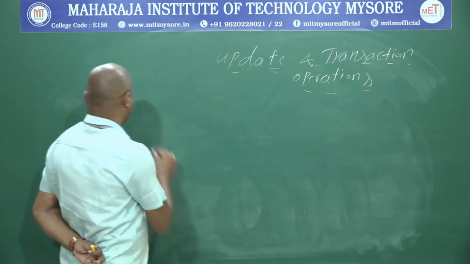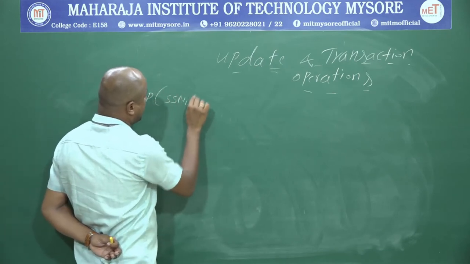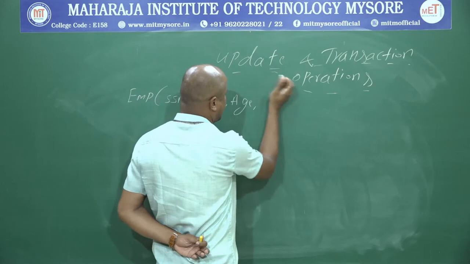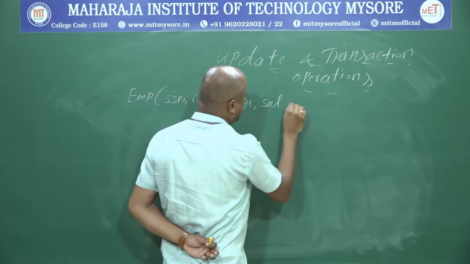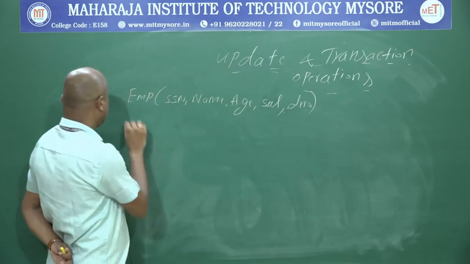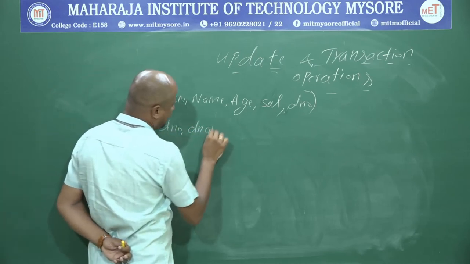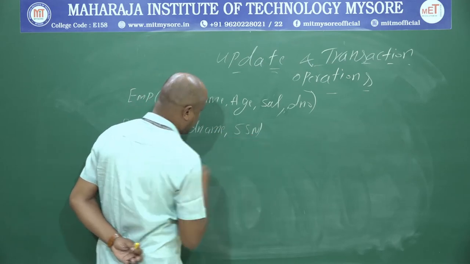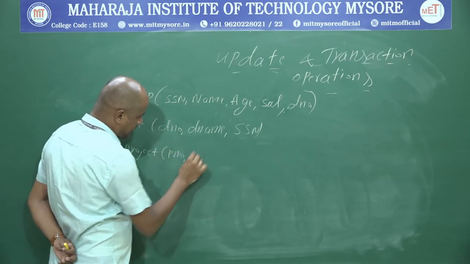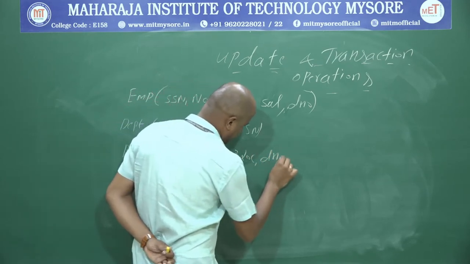Okay, first let's consider the tables of a database. Employee contains SSN, name, age, salary, and D number. Then I have department: D number, D name, then SSN. Then there is project: P number, P name, P location, and D number.